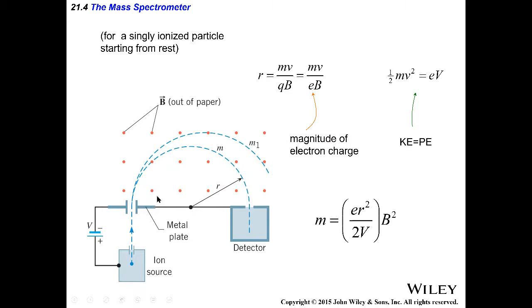So you can therefore separate out the ions, and you say, gee, I don't know, my source has all kinds of ions coming out. Some are heavier than others. Well, I can actually now separate them by putting them through a magnetic field, and then at a certain radius, I know these all have to have this little mass m, because the bigger masses will now fall outside my detector.